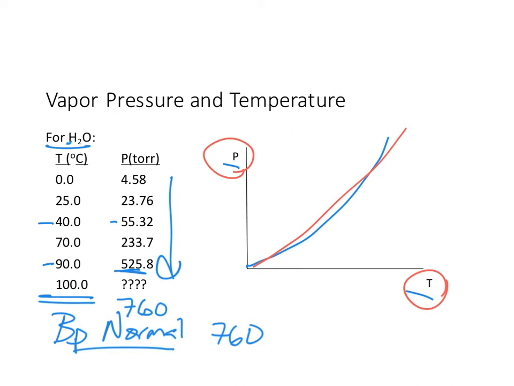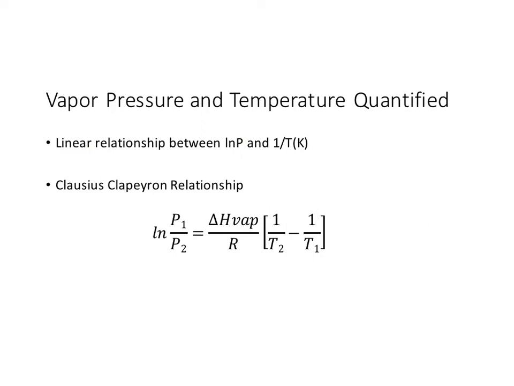So how do we get a linear relationship between vapor pressure and temperature? Well, that is shown here. You can get a linear relationship because you have an exponential, so you want to work with functions that are related to the exponential, and so that's going to be the natural log.